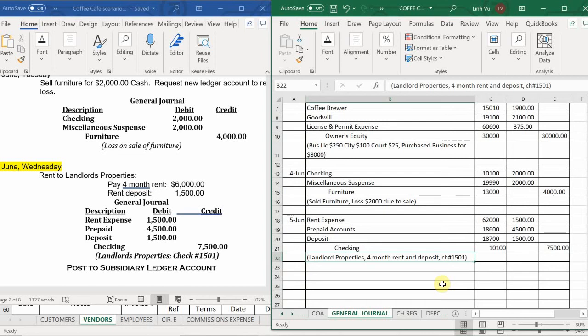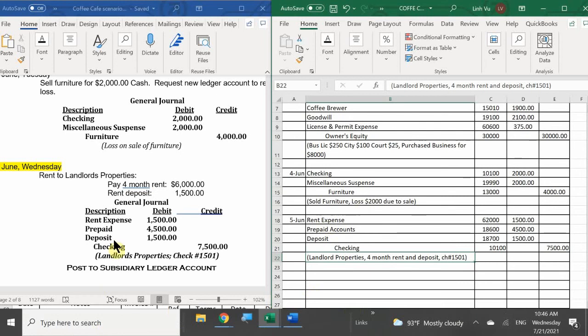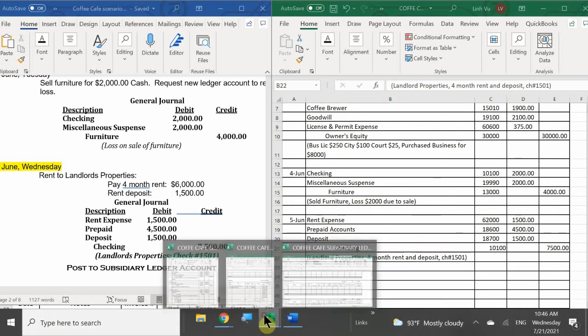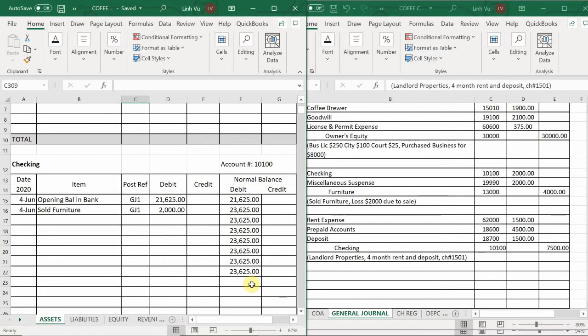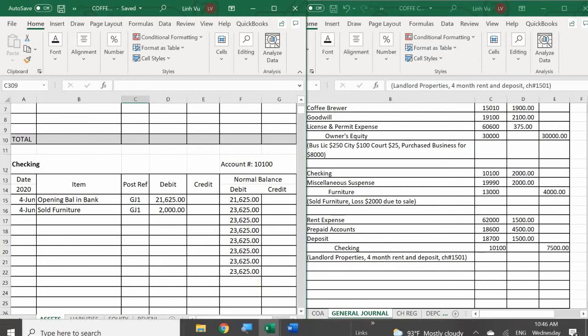Okay, and everything looks good. So then now I need to go to my general ledger before I can move on and introduce you to my subsidiary ledger. Okay. So very first one, let's go down to my general ledger, okay, and plug in all those numbers in my account. So first thing I recognize is rent expense. Okay.